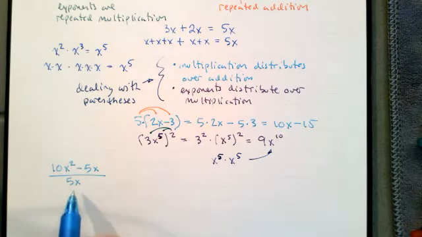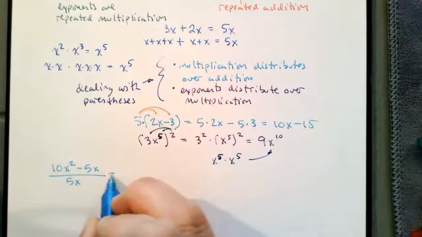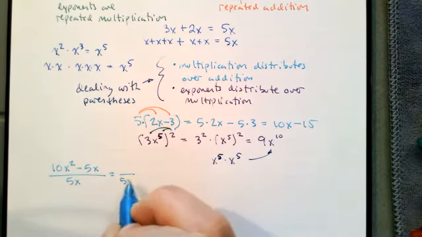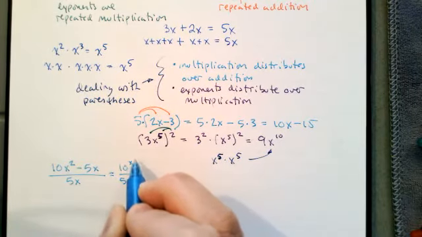Dividing by 5x is the same as multiplying by 1 over the product of 5 and x. So I can distribute the 5x to each of the terms in the numerator.